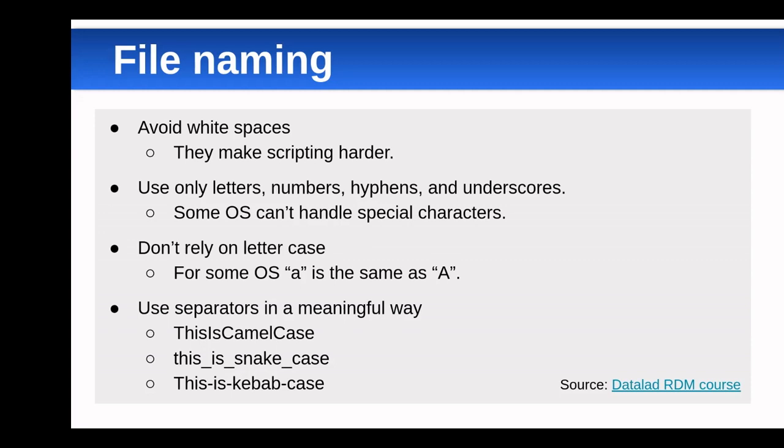And then use separators in a meaningful way. So use underscores and hyphens in a consistent manner. You have what are called cases for either file names or variables in your code. Some of the main ones you may find around are camel case or snake case. And sometimes you may even see something called kebab case. There are some others, but those are the ones you would see in a BIDS dataset, for example.